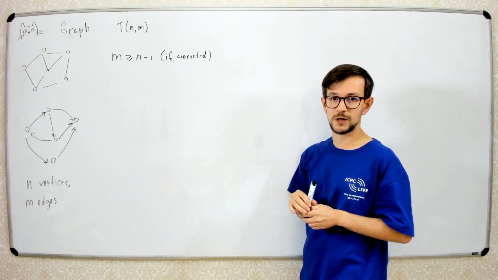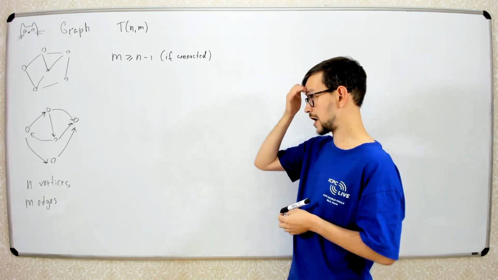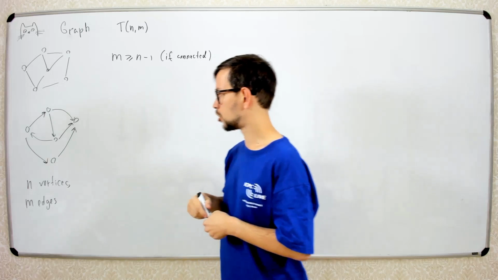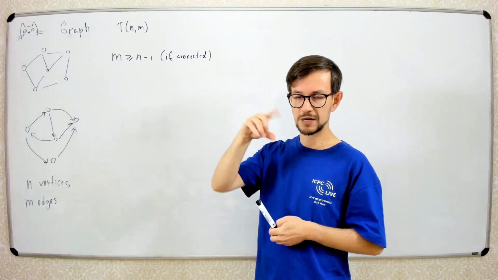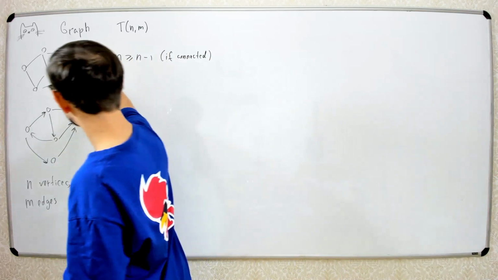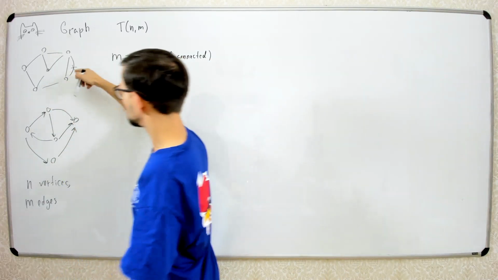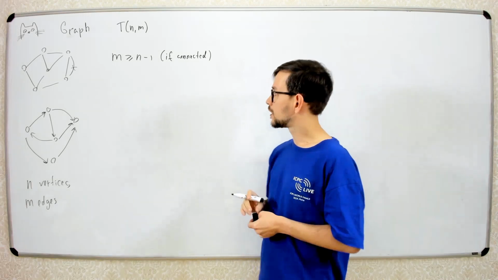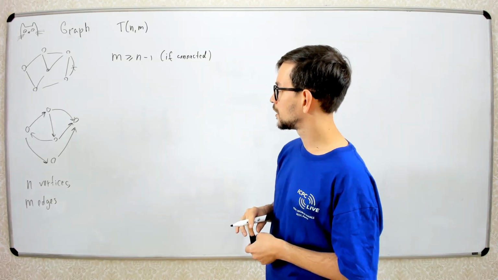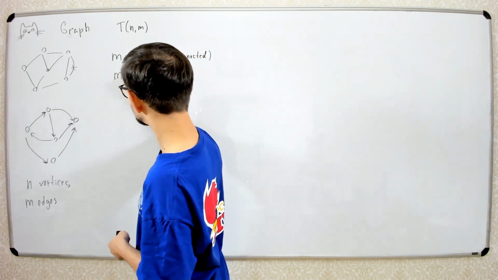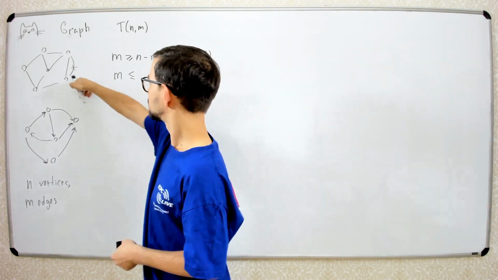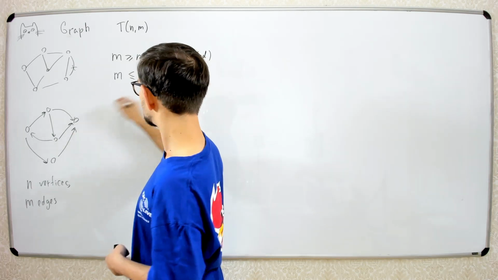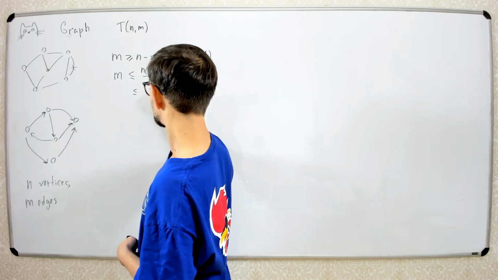And let's look at the maximal number of edges. If we don't allow two identical, parallel edges, if we don't allow a situation like this, so we say that every edge is unique, then the number of edges should be at most n(n-1)/2 for an undirected graph, and for a directed graph it should be at most n(n-1).